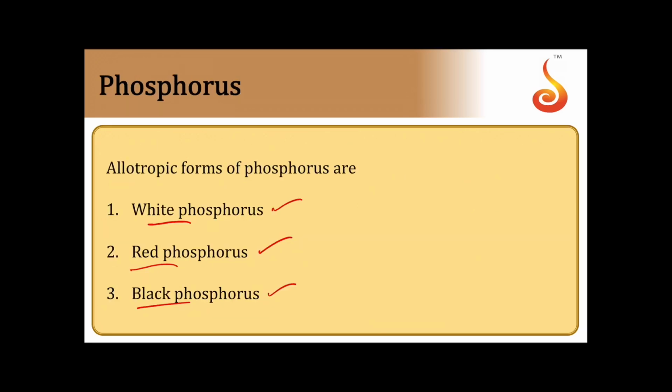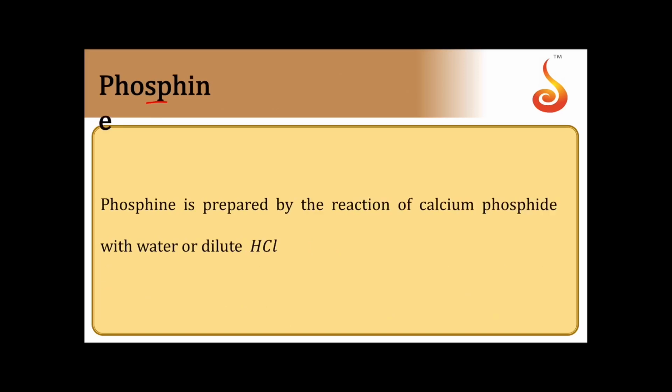Black phosphorus has a highly polymeric structure even when compared to red phosphorus, so thermodynamically it is even more stable. Then comes phosphine gas. Phosphine is prepared by the action of calcium phosphide on water or dilute HCl.